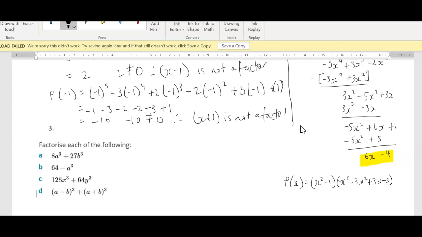And then we write the remainder, so plus 6x minus 4. Now we didn't have to do that for this question because it only asks for the remainder. So the remainder is 6x minus 4.